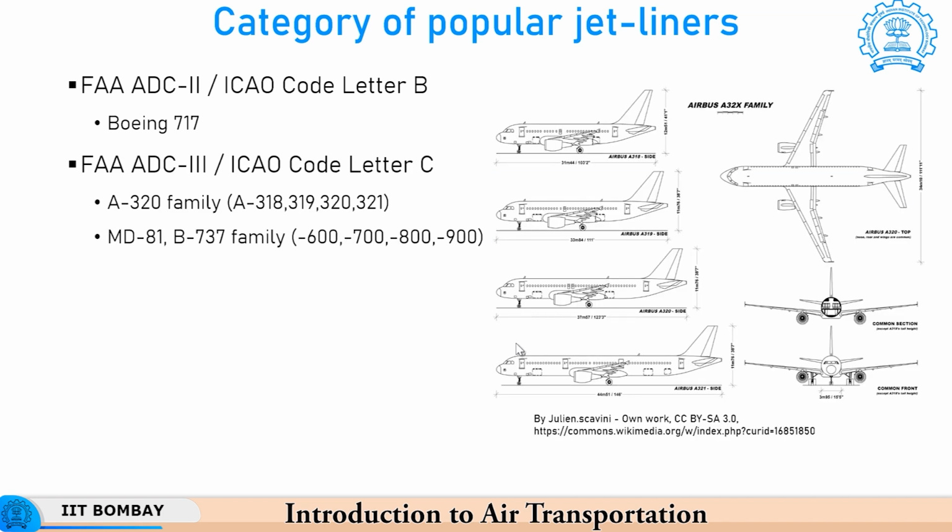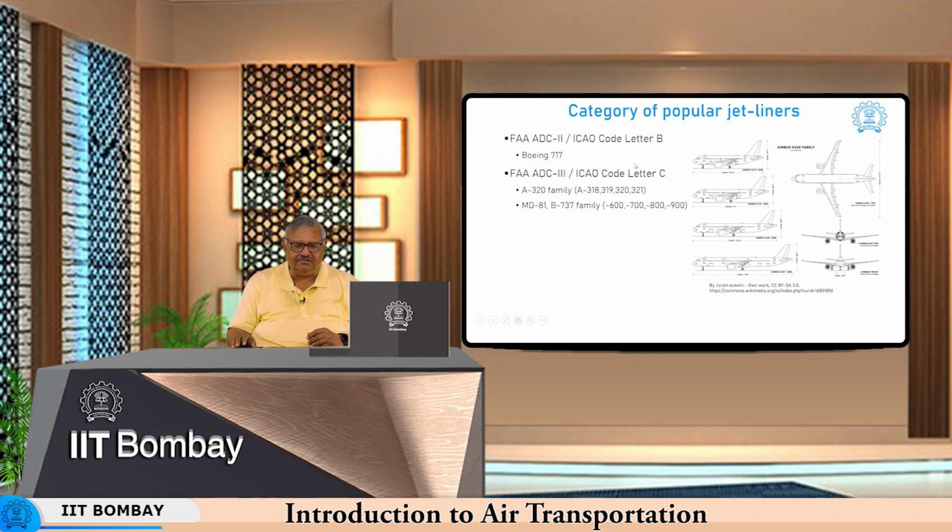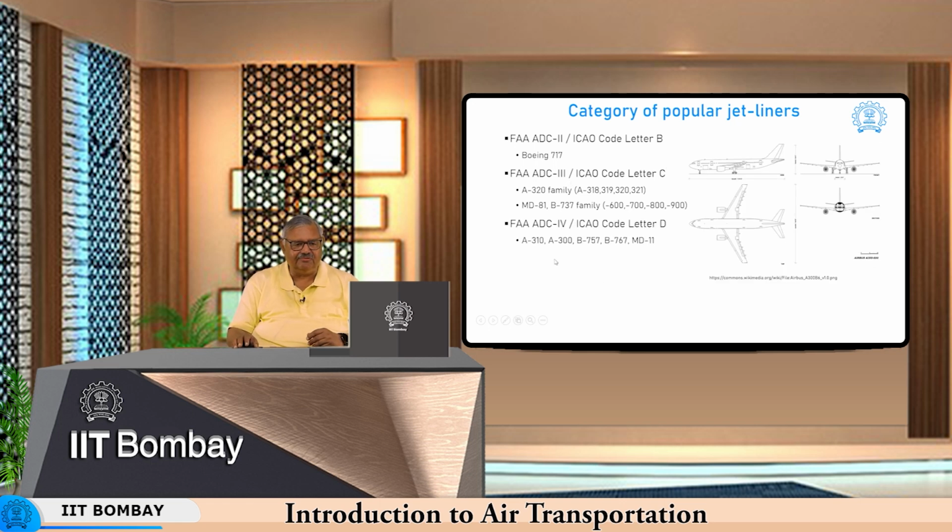Then if you look at the aerodrome design code 3 and code letter C, the entire Airbus A320 family 318, 319, 320, 321, the entire 737 family 600, 700, 800, 900 and MD81, they all fall in category code letter C or ADC 3. Then if you look at ADC 4 and code letter D, these are larger. As you go from B to C, C to D, and so on, the aircraft become larger in size. Similarly, aerodrome code 2, 3, 4, the aircraft become larger in size.